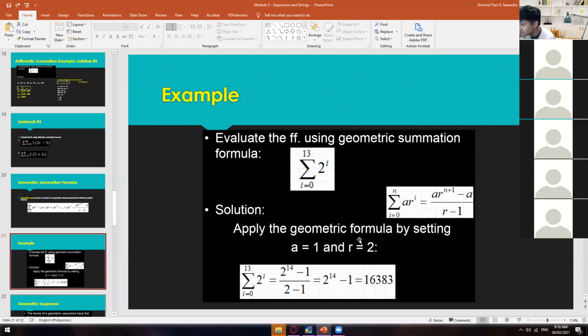The only confusing part is this one, the values of A and R. We will look at whether this one is really fixed or not in the following examples. For now, just follow this formula if we have a starting from 0 up to letter N. So are we clear so far?